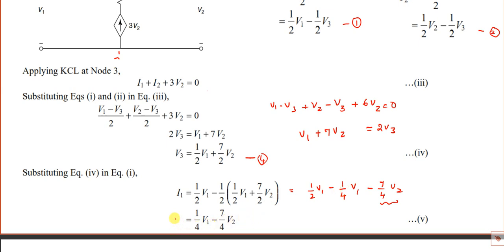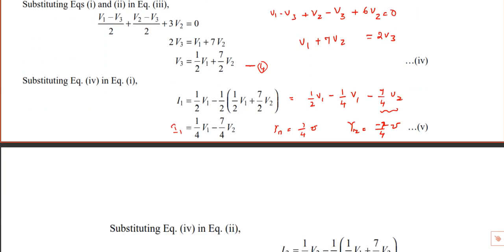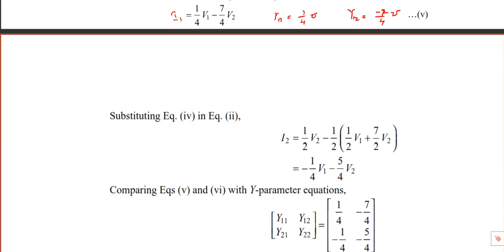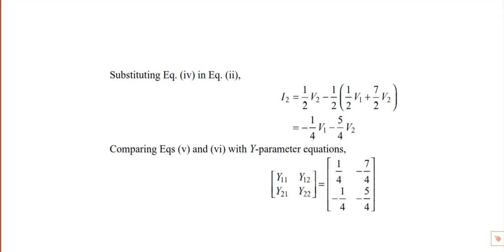So here you can see the current expressed in terms of V1 and V2. So this is Y11, which is 1 by 4. Y12 is minus 7 by 4. So two parameters we can easily find out. And for the other two, once again we have to substitute the V3 value in the second equation.